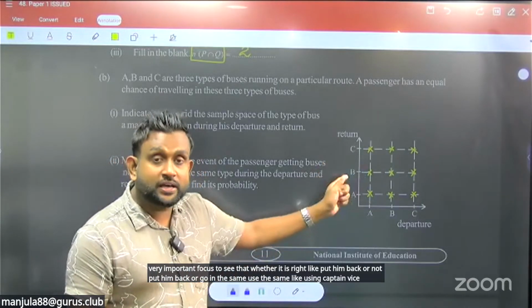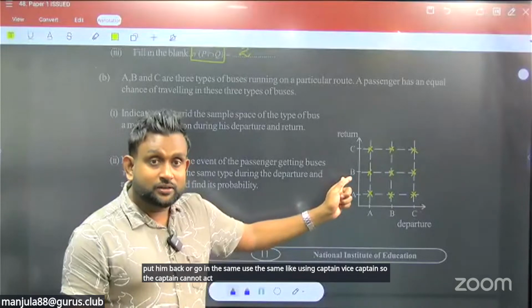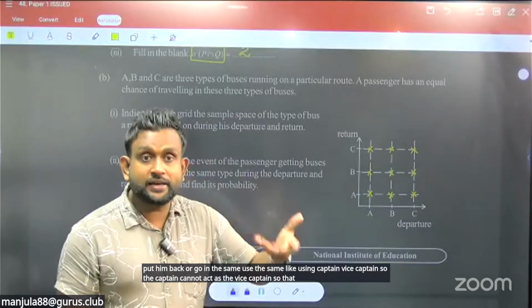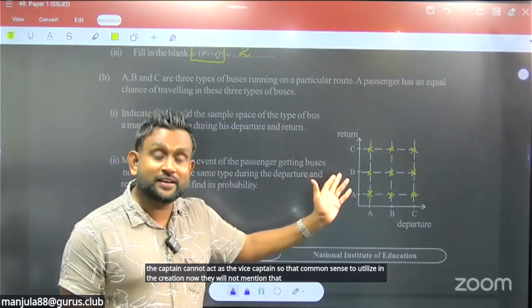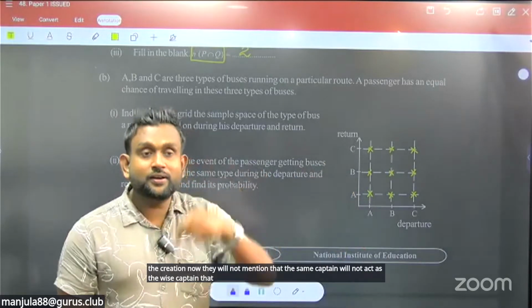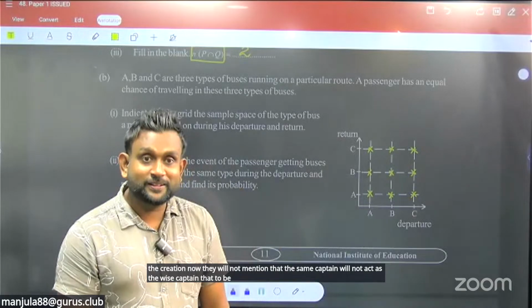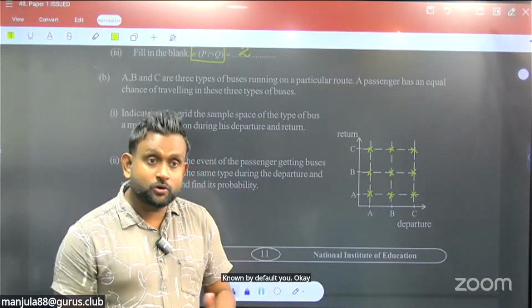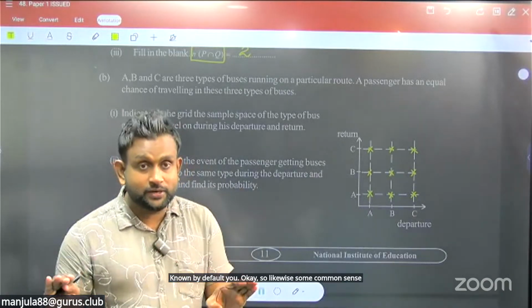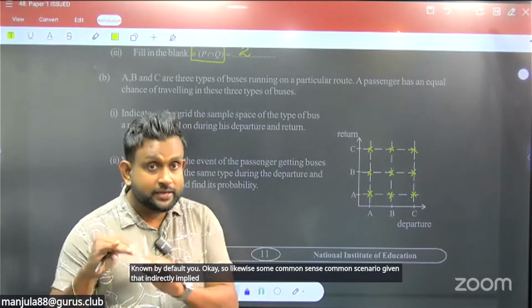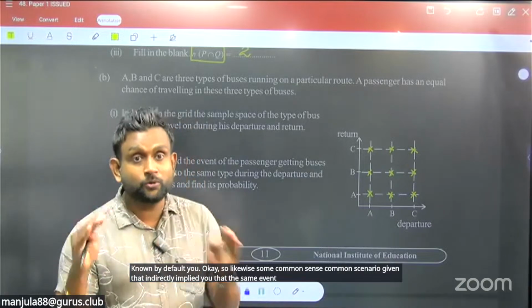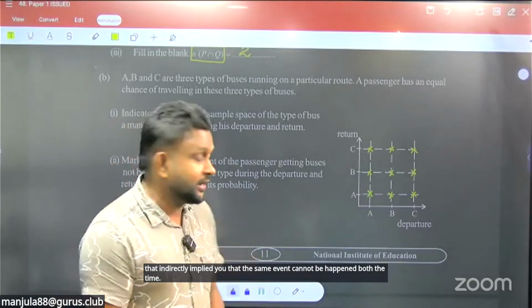The captain cannot act as the vice captain. Use that common sense in the question. They will not mention that the same captain will not act as the vice captain; that is to be known by default. Likewise, some common scenarios indirectly imply that the same event cannot happen both times.